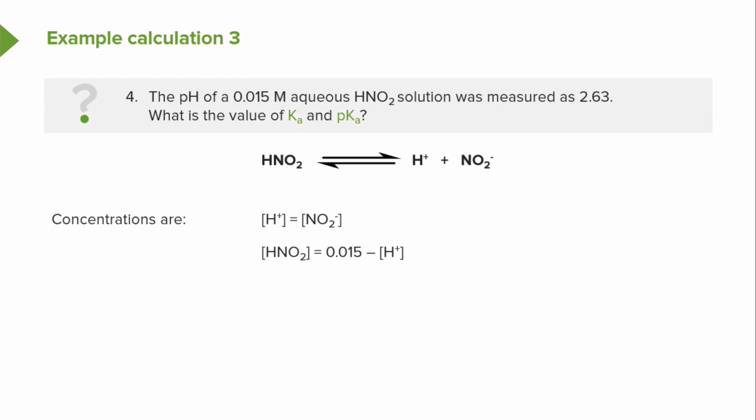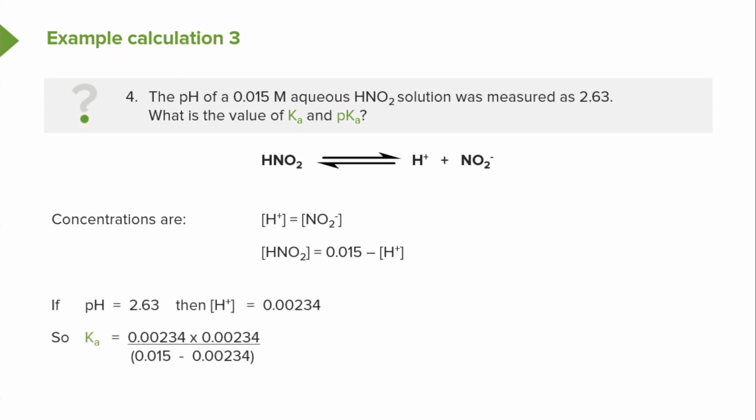By doing this, we are able to say that the concentration of HNO2 actually within our equilibrium is given by our starting concentration of HNO2 minus the concentration of H plus.